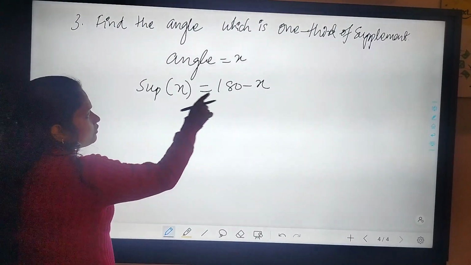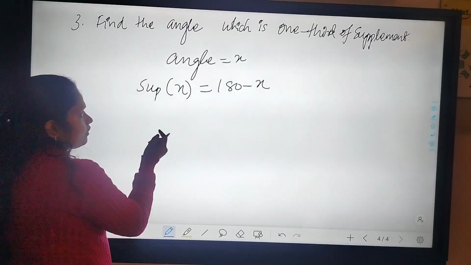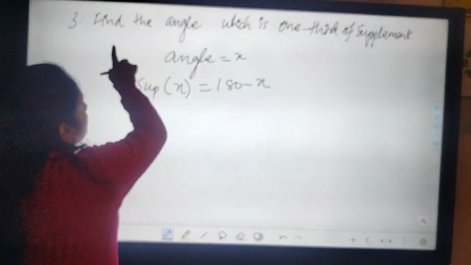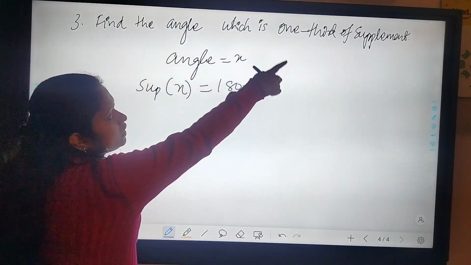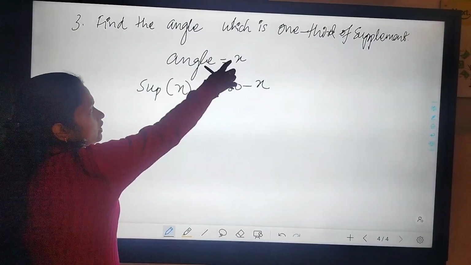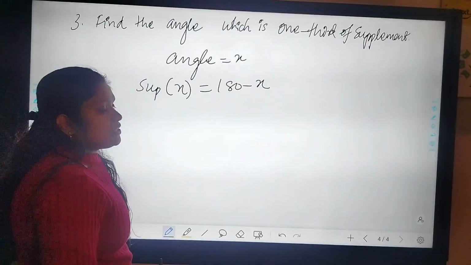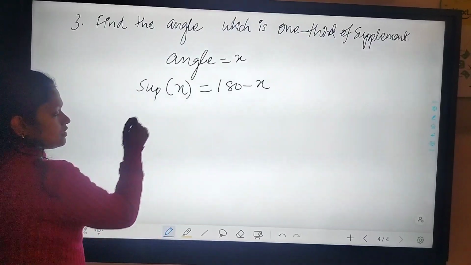So according to that, we form 180 minus x. Then the other condition: the angle is 1/3 of the supplementary angle. This angle is 1/3 of 180 minus x, that is the supplementary angle.